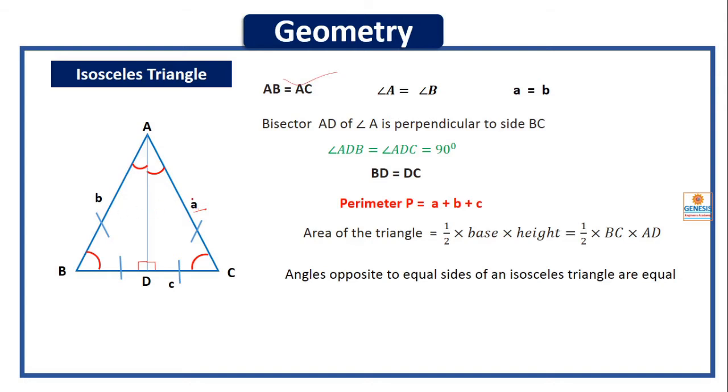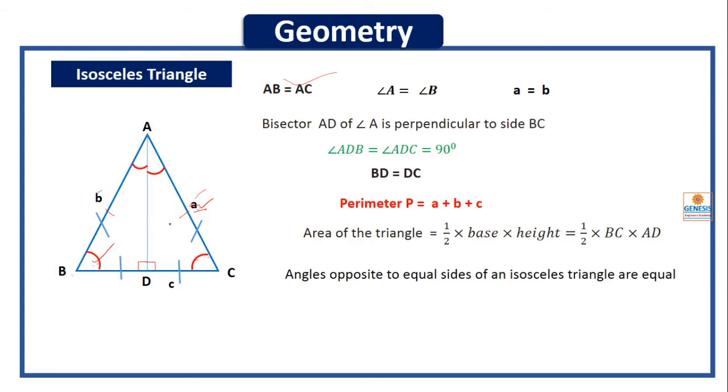If these two sides are equal, the angles opposite to these sides are equal. Suppose side B is equal to side A, the angle opposite to one side is B, and the angle opposite to the other side is C. So then angles B and C are equal.